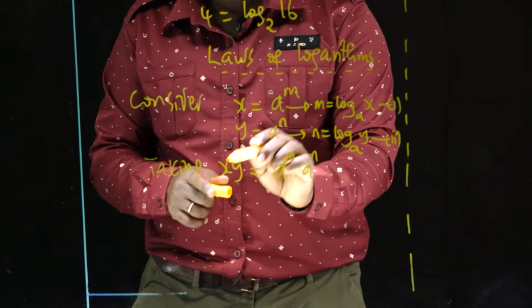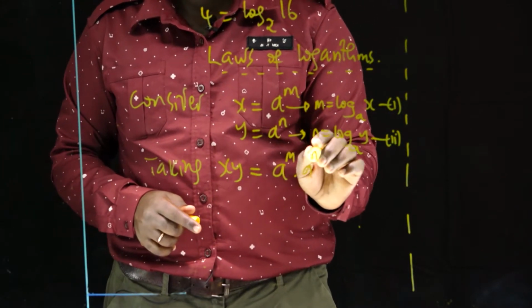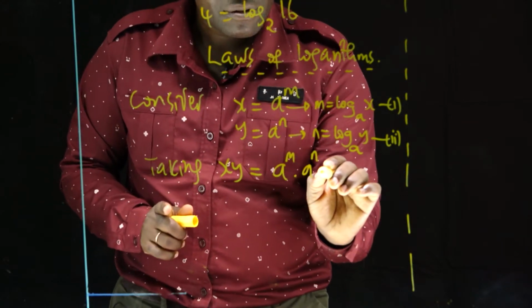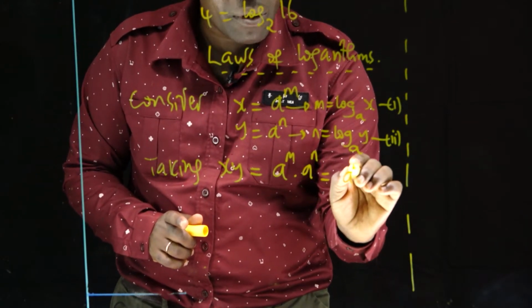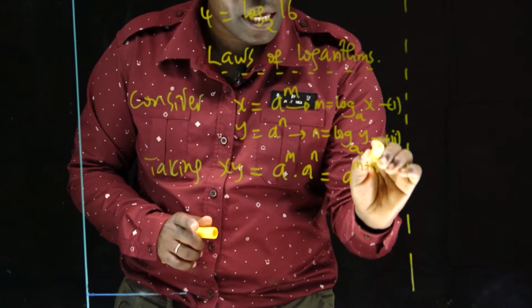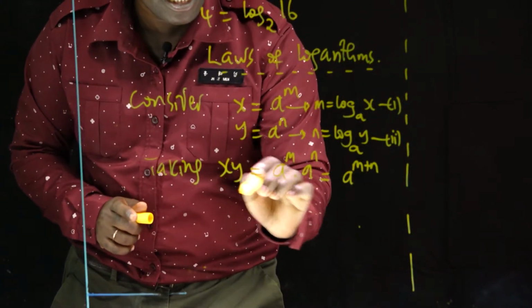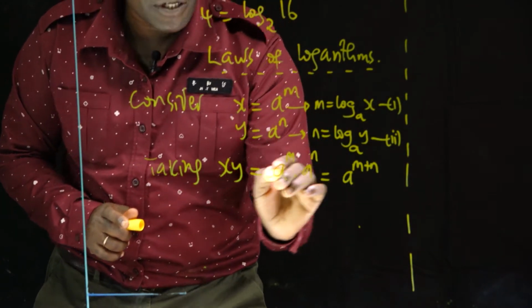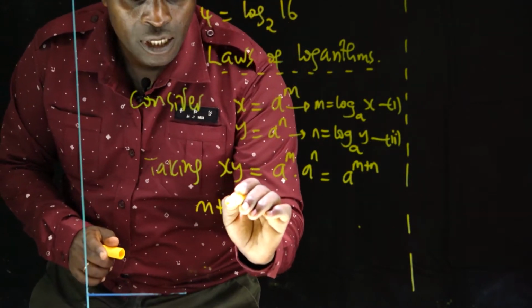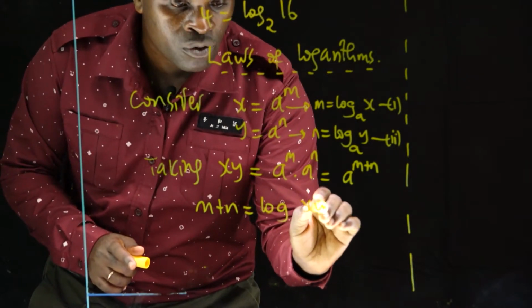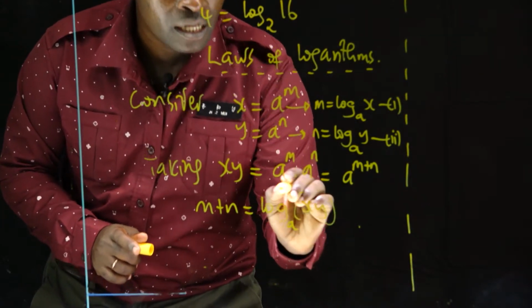Because the value of x is a power m and the value of y is a power n. From the law of indices, this is the same as a power m plus n. It means when we want to express this in logarithmic form, we take m plus n equals logarithm of x times y base a.